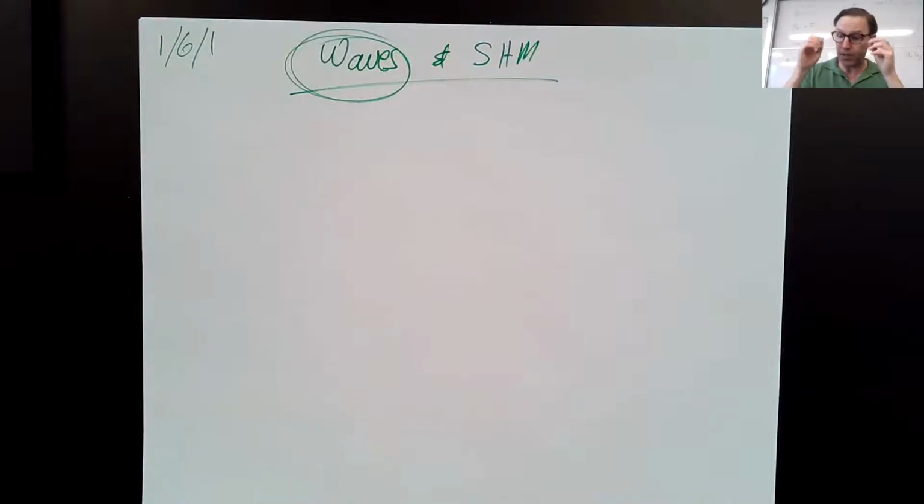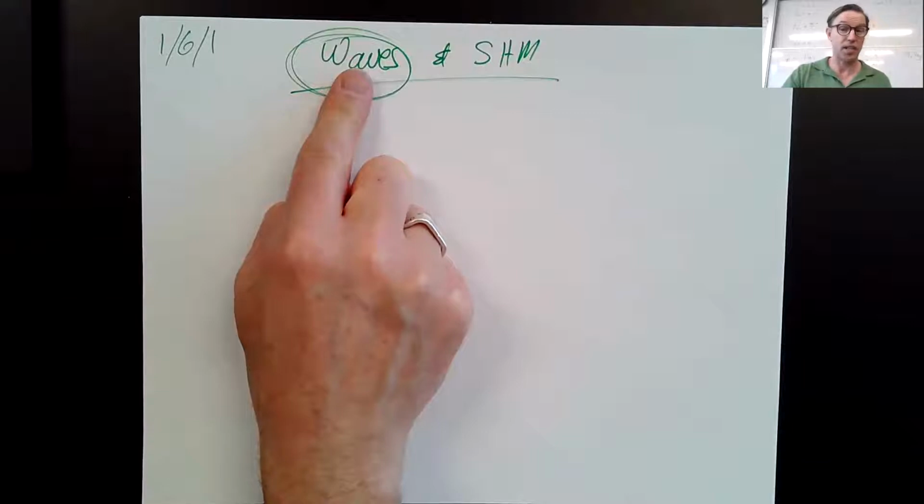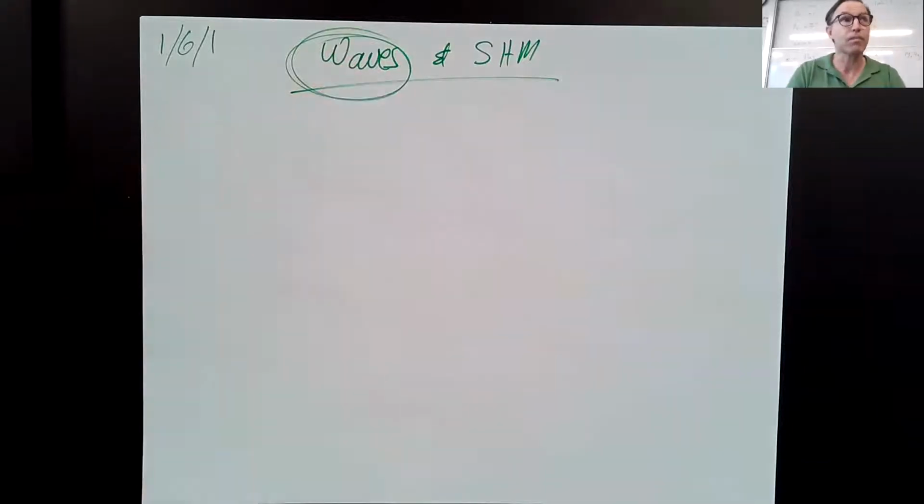So I'm always interested in how the word is used outside of science, outside of physics. Maybe it's just a different use of the word, but maybe the way they use it somewhere else illuminates and lets us know what's going on.